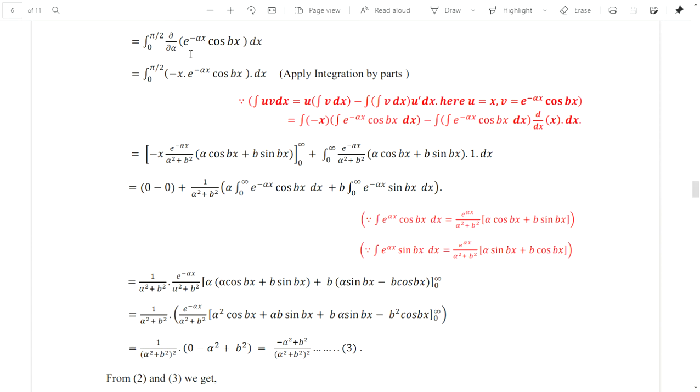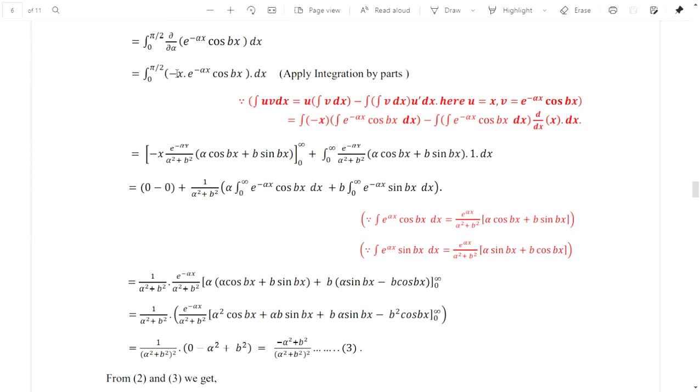So differentiation of e to the power minus alpha x will become minus x into e to the power minus alpha x, because e to the power minus alpha x into differentiation of minus alpha x with respect to alpha is nothing but minus x, which I wrote here at the beginning, into cos bx, which I wrote as it is because there is no alpha in this, dx.